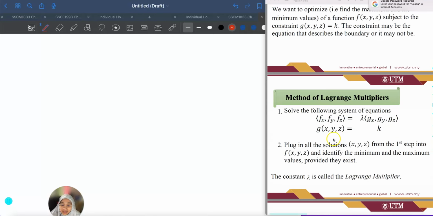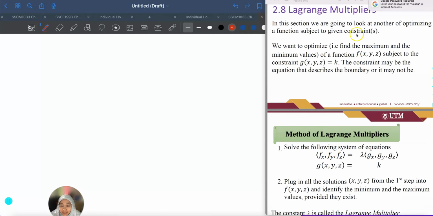So the method. You have to bear in mind, f is the function that you are looking for the optimum value of, and g corresponds to the constraint. So here you have to obtain the partial derivatives for both f and g, and you have to write down like this. This one is a vector form. Hopefully you know how to read the vector form. So this is a vector.